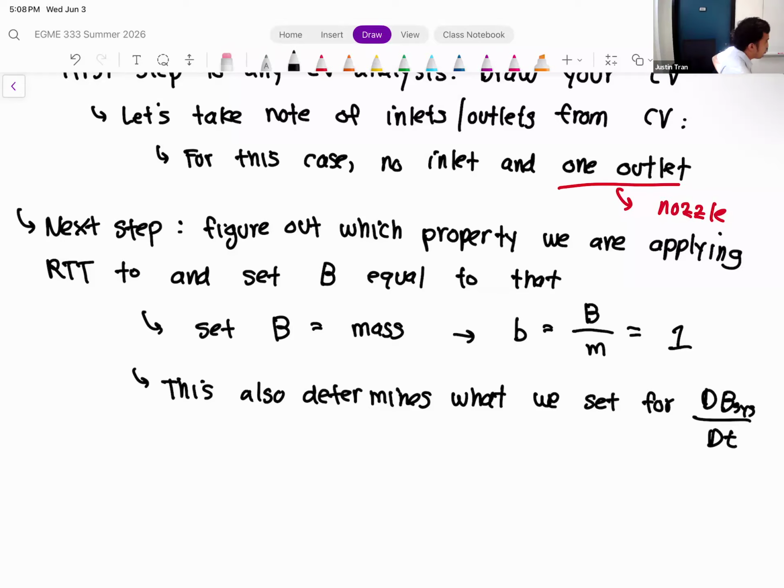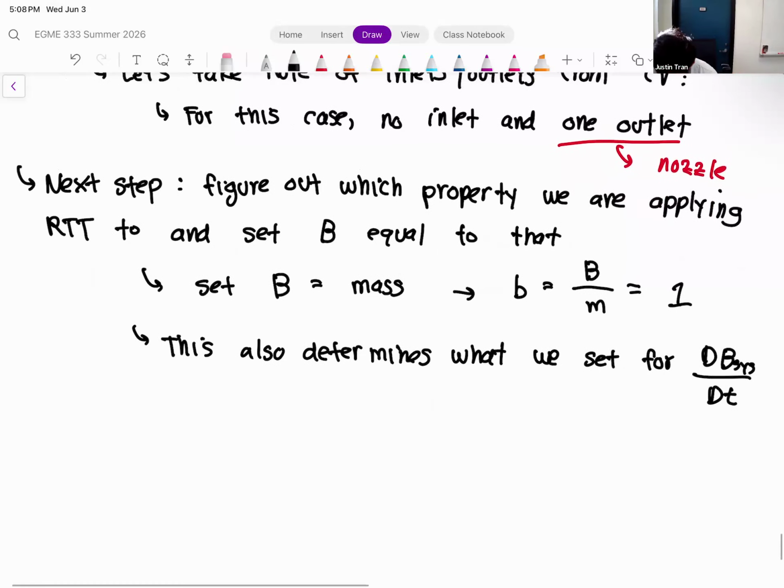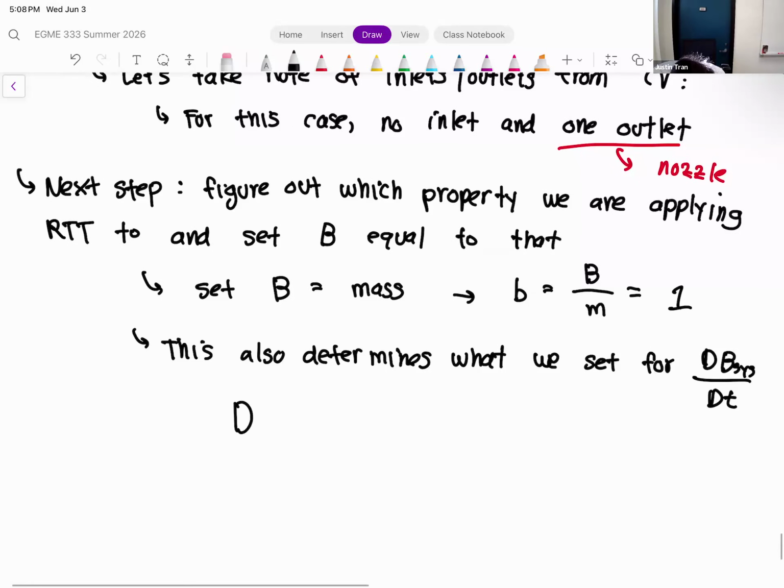Remember, what we said before is that the material derivative term is where we're going to apply our conservation laws. In this case, if big B is mass, we want to infer what the production or consumption of mass is within a fixed system.